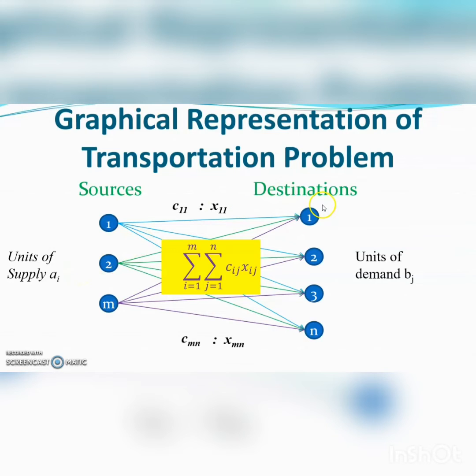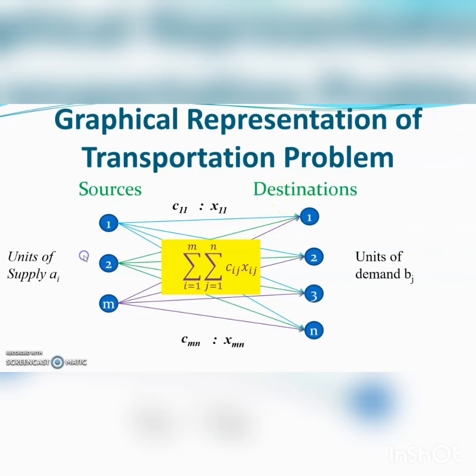At the same time, in the destination 1, total units delivered from different sources is given by X11 plus X21 plus X31 up to Xm1, and this must be equal to B1.